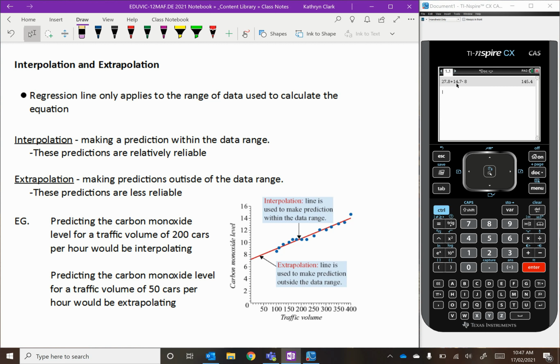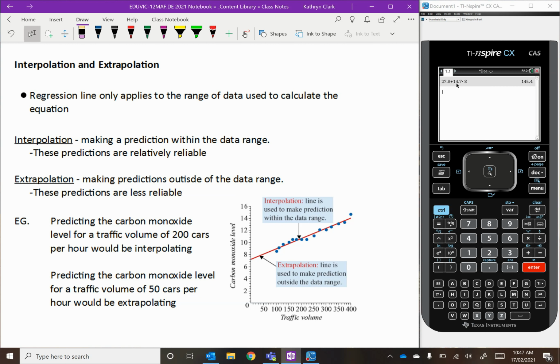But you reach a point in your life where you stop growing. So it's not like as you age into your 50s, you just continue to get taller. So that regression equation between age and height only lasts for a certain amount of time. And then that line is no longer appropriate.